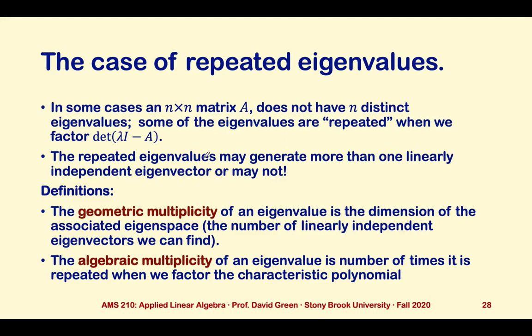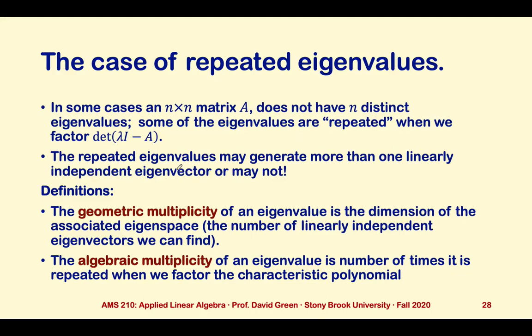These repeated eigenvalues may not generate more than one linearly independent eigenvector. They might. Sometimes a repeated eigenvalue will generate more than one linearly independent eigenvector, so the eigenspace will have dimension more than 1, but in some cases, an eigenvalue might be repeated and still only give an eigenspace of dimension 1.